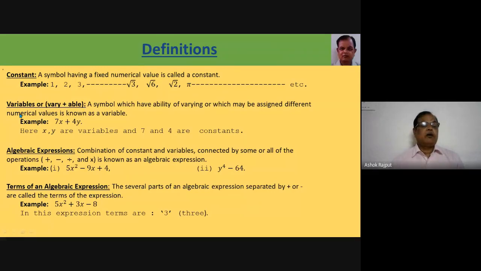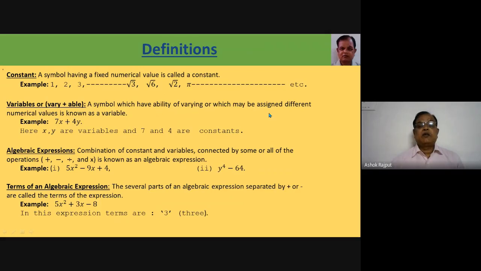After that, we are going to define variables. Variable means a term that has the ability to vary. It means its value may be changed. As we have defined here, a symbol which has the ability of varying, or which may be assigned different numerical values.